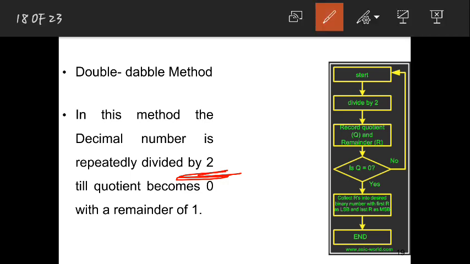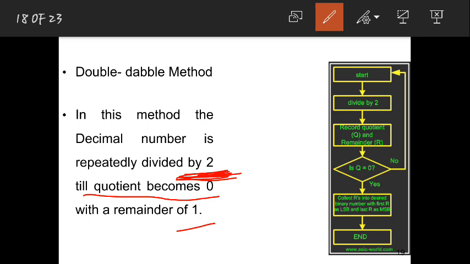So we just need to keep dividing that decimal number until we get quotient 0 and remainder 1. If you don't get a remainder 1, then you again need to divide it by 2.